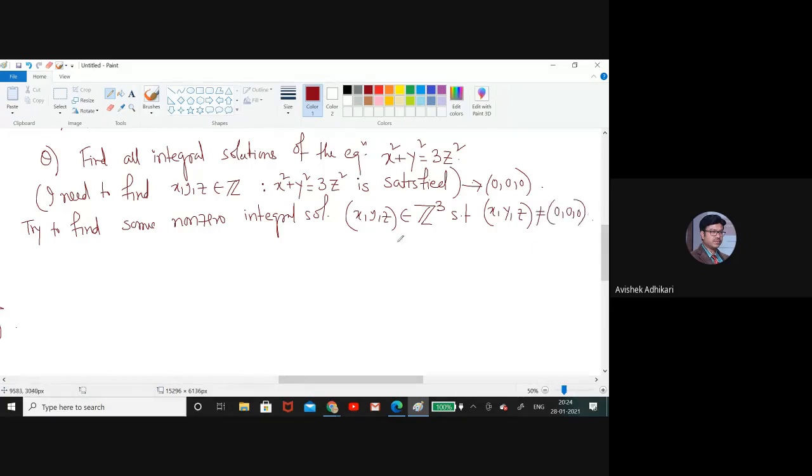That means you may have some of the terms 0 and some of the terms non-zero. Can you find such? That's my question.